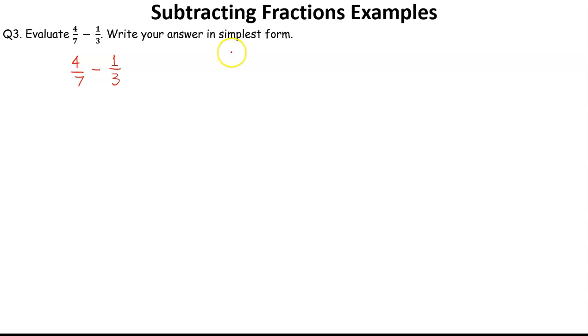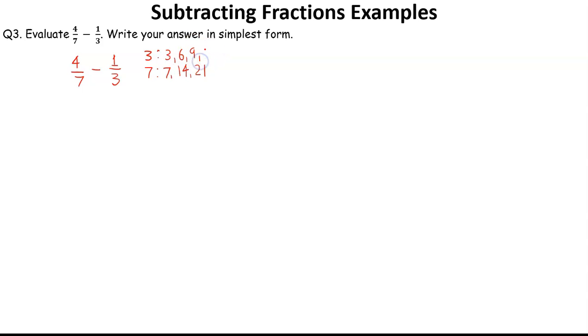Well, the way that I would do that is I would write down my multiples of 3 and my multiples of 7. Now I'm going to start with the larger number again. I've got 1 times 7 is 7, 2 times 7 is 14, 3 times 7 is 21. I'm going to stop there. I've got 3, 6, 9.